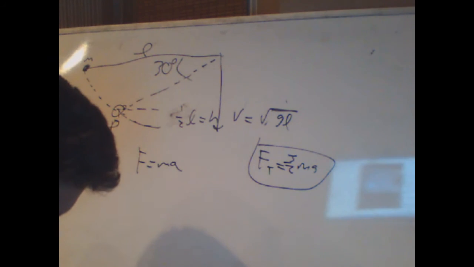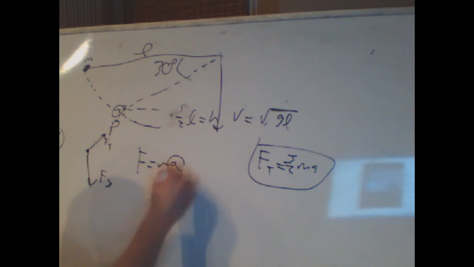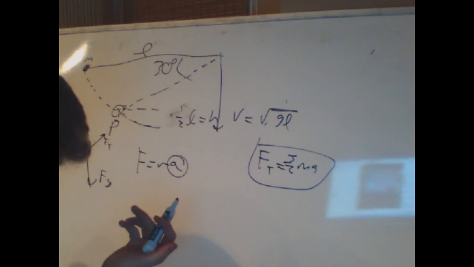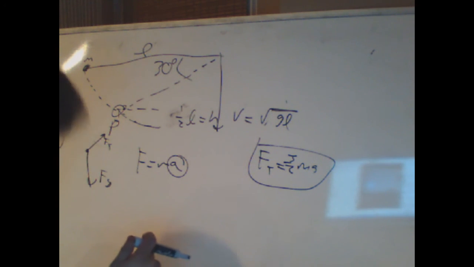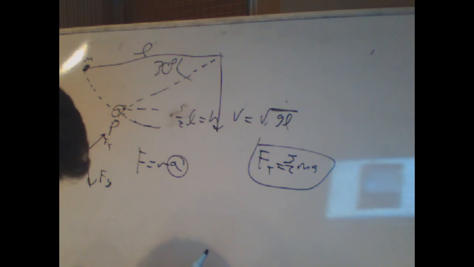So this is the a we're looking for. Now we have to find a way to find the force in the different term. So we know it's mg cosine of 30. Now, why is it cosine? Well, remember, centripetal is the y direction. So tangential must be the x direction.